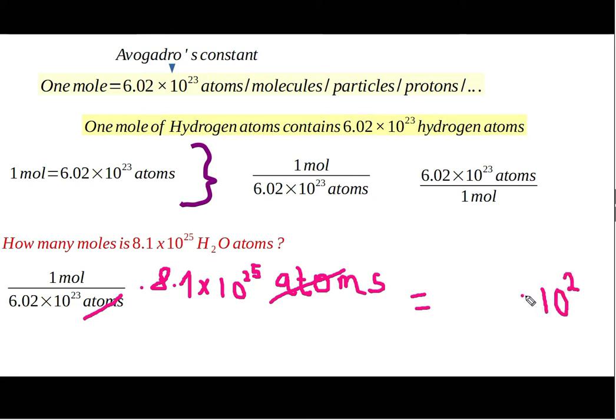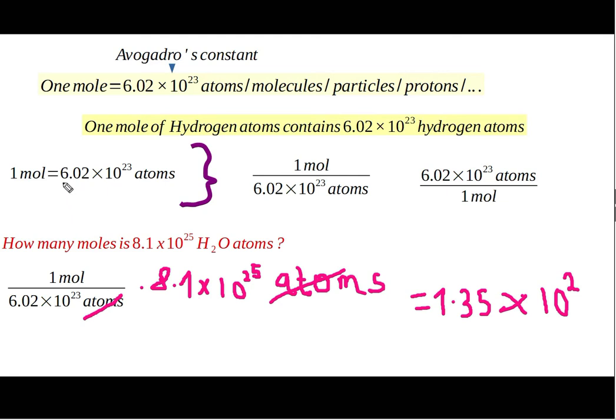Now with the other one, the 8.1, if you plug it into the calculator, I had 1.35. I approximated it to 3 significant figures.